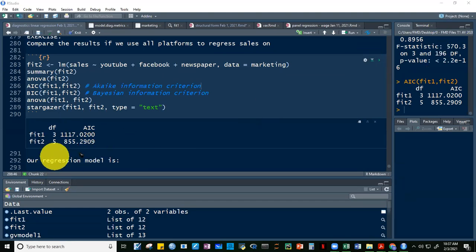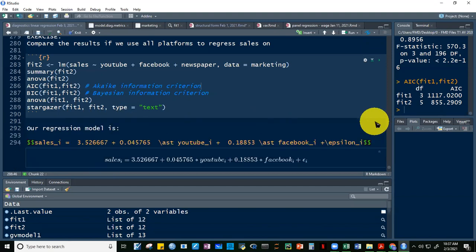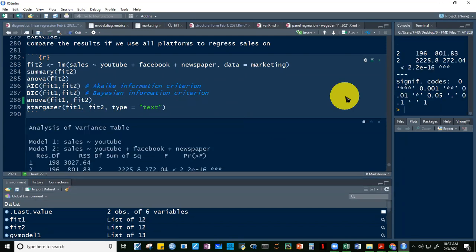Ang mas maganda guys si FIT2 kasi the lower the better, no? The lower the Akaike, the better. Okay, so if you compare yung simple linear regression lang yung FIT1 natin kaysa FIT2 where we use YouTube and Facebook, mas maganda yung model natin ng multiple natin. And then let's do ANOVA, analysis of variance for FIT1 and FIT2.